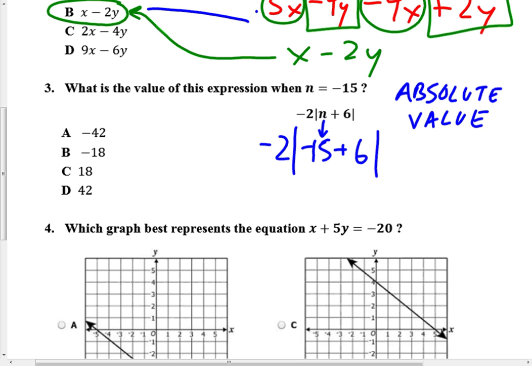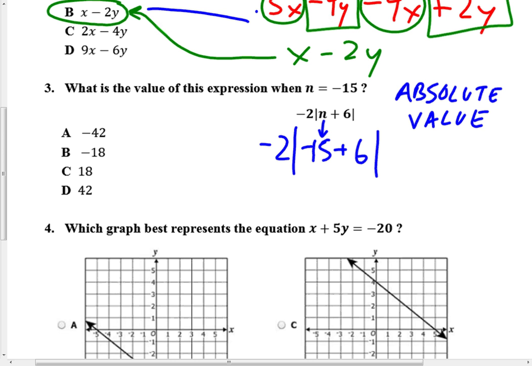The mistakes I saw, some of you decided that you wanted to distribute. Do not distribute. These are not parentheses. These are absolute value bars. You have to do everything that's inside first. Don't start, act like they're not even there. Just what's negative 15 plus 6?